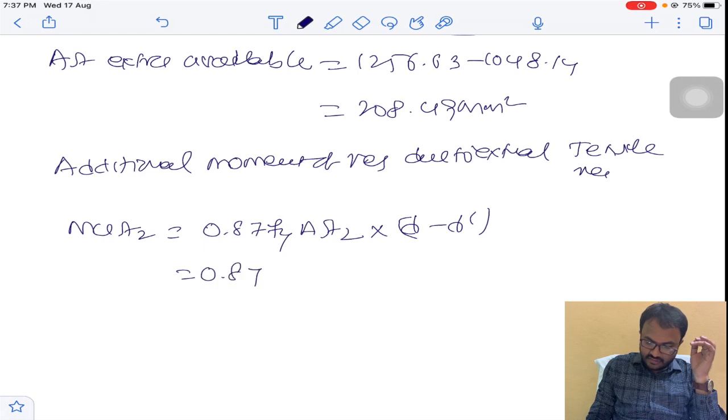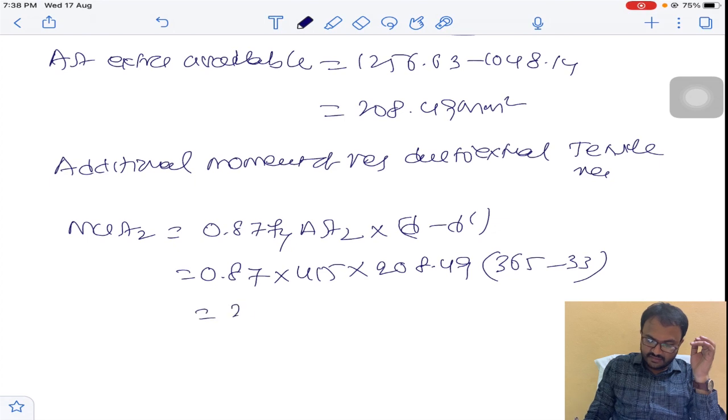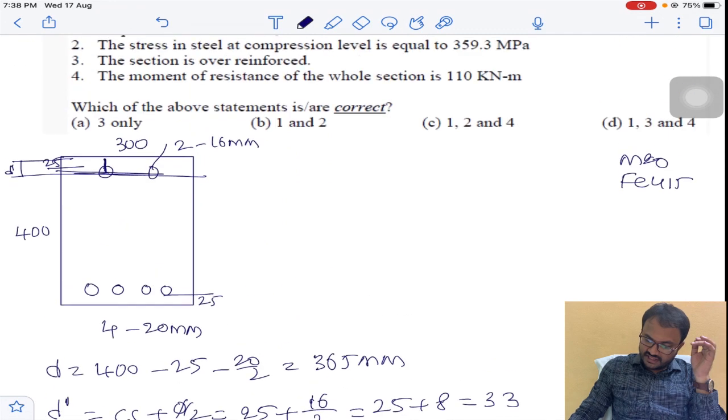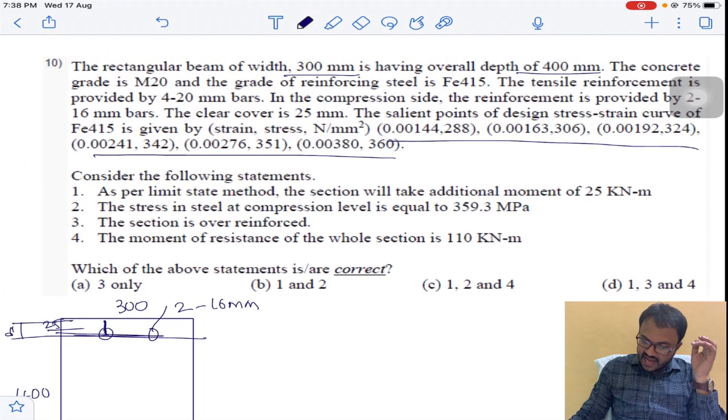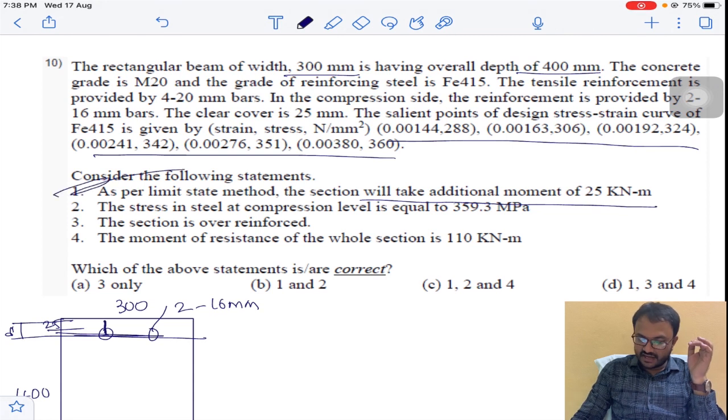So that is 0.87 Fy is 415 into 208.49 into 365 minus 33. So it will be 25 kilonewton meter. Okay, so now check the options that he has given. As per limit state method, the section will take additional moment. So this first statement is correct, right?